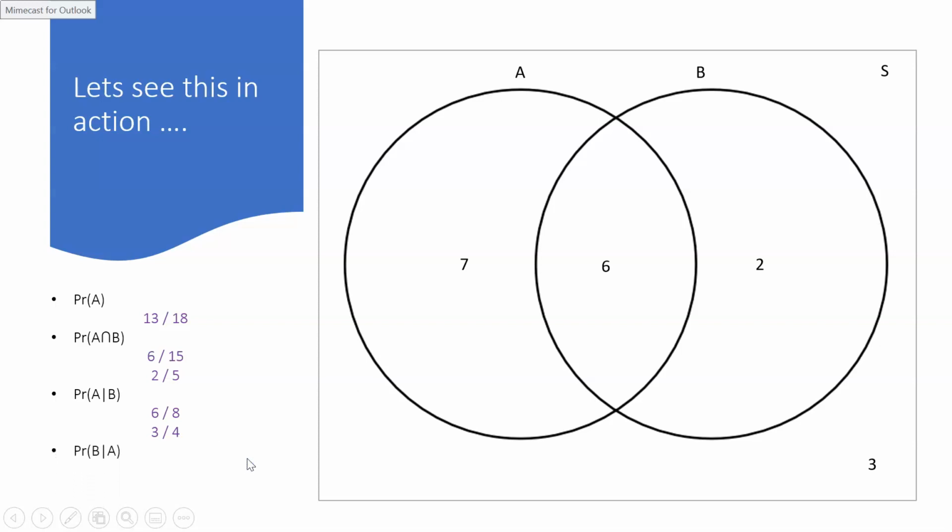And then let's see the probability of B occurring if A has already occurred. So we've got 6 out of 13. So it's all about that, one thing occurring if something else has happened.